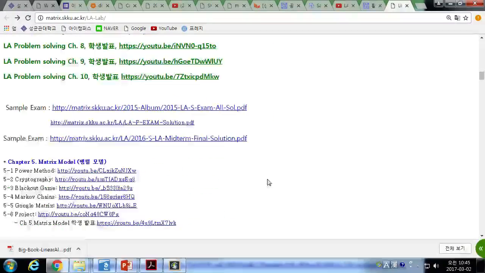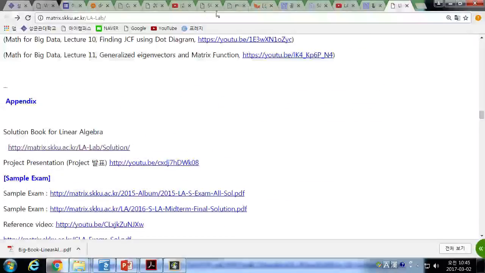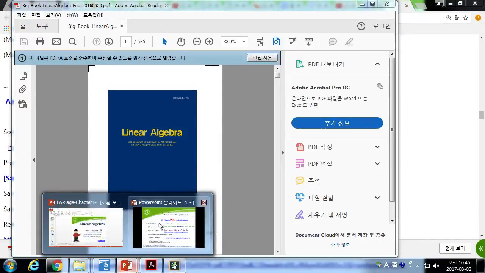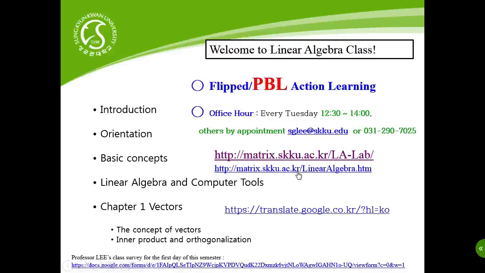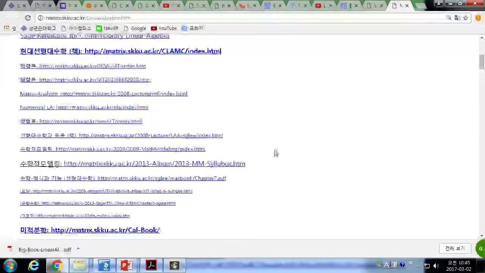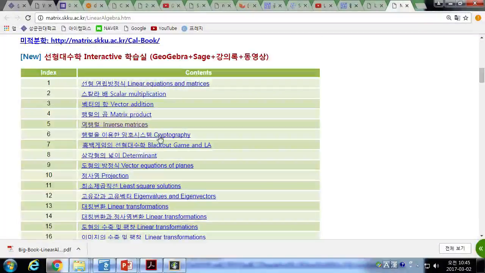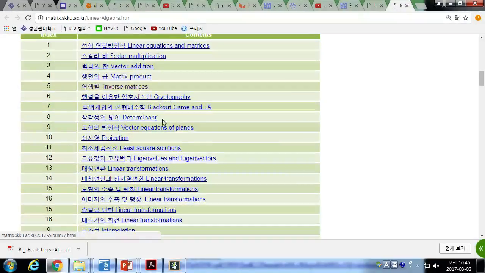And yes, there are web addresses that have other related information and interactive tools to simulate the linear algebraic concepts that you will learn from here.